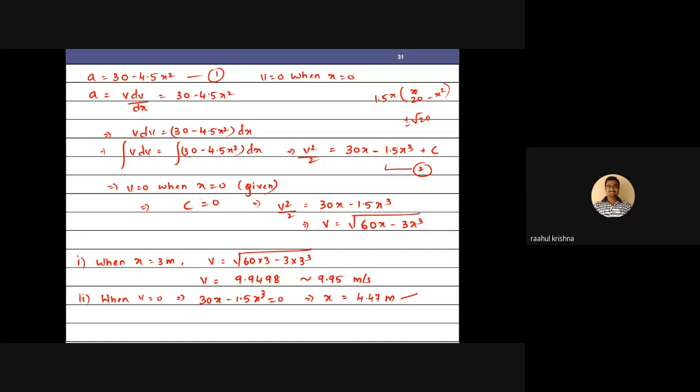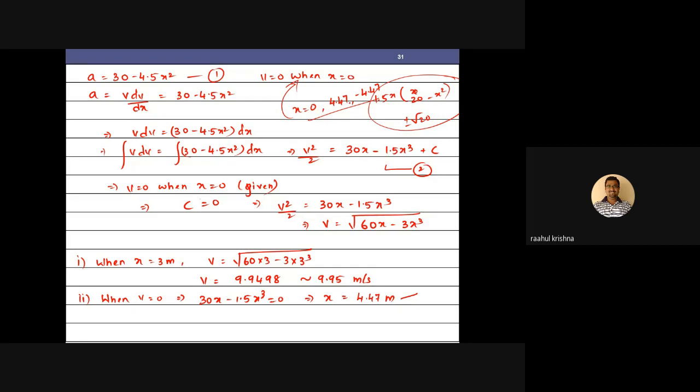In this expression, x can be 0, x can be 4.47, or x can be minus 4.47. All three values are true, but which value am I taking? x equal to 0 is already taken as the initial condition. Then I have plus 4.47 or minus 4.47.